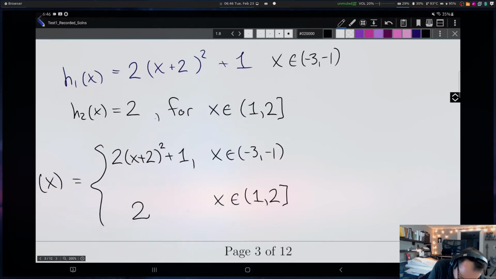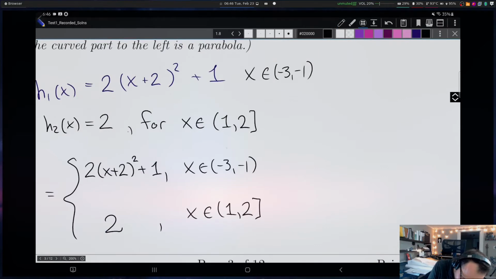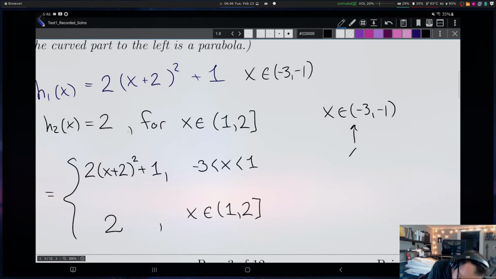And this is perfectly fine for notation, but if you wanted to convert it to what you usually see, we can replace this x in (-3, -1) with -3 less than x less than -1, remembering that these open brackets are like a less than, and the square brackets are like a less than or equal.